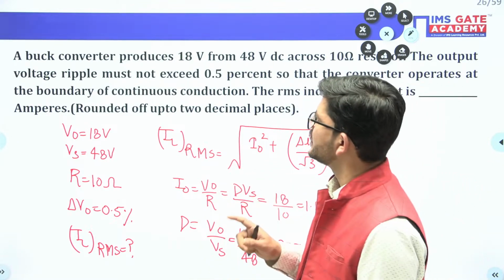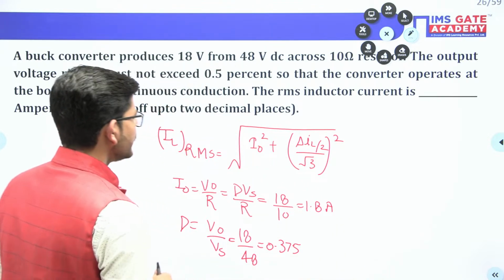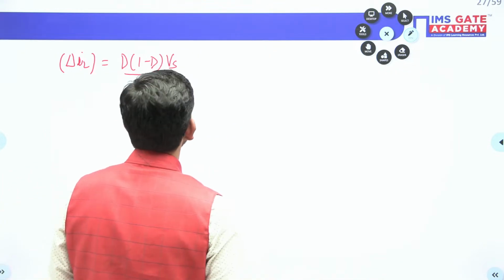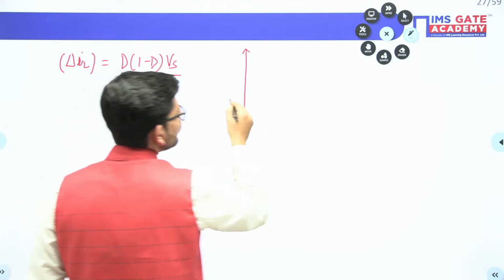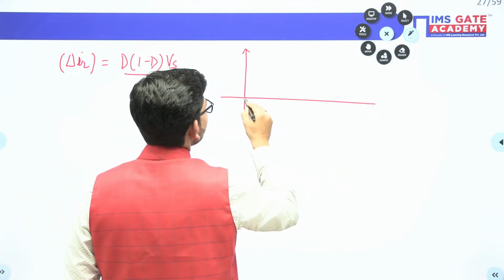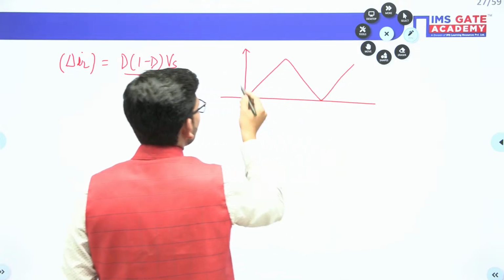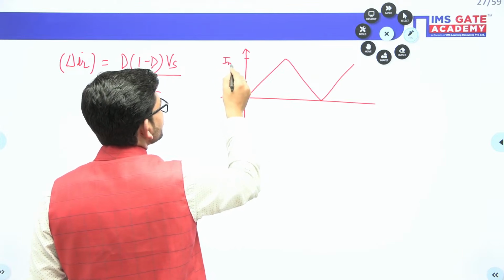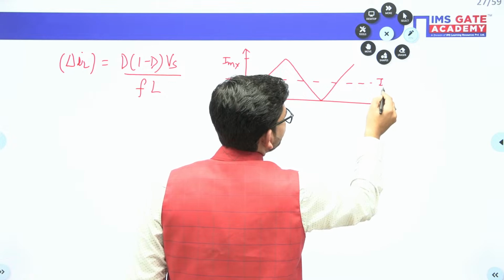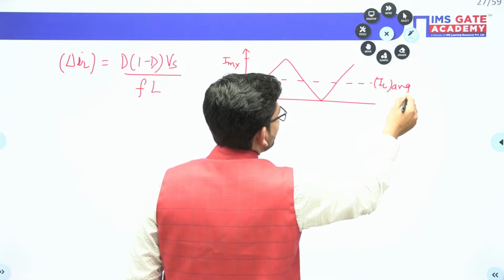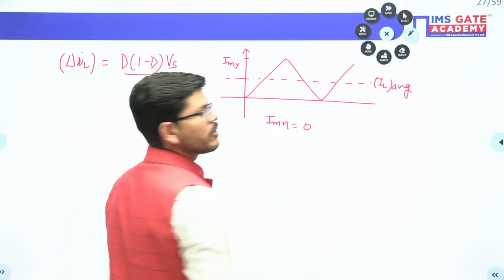And one thing is given, that it is operating at the boundary of continuous conduction. So when the converter is operating at the boundary of continuous conduction, what will happen? Its inductor current will be like this. The I minimum current will be equal to 0.